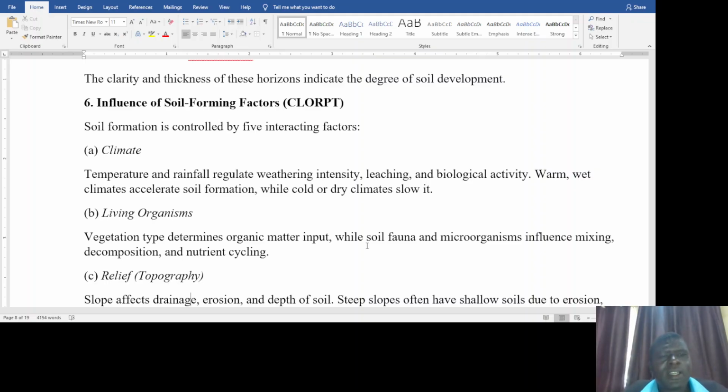But on the baseline, climate of a place greatly influences soil formation, and that is why in wet and warm climates we have better developed soils as compared to where we have cold and dry climates.